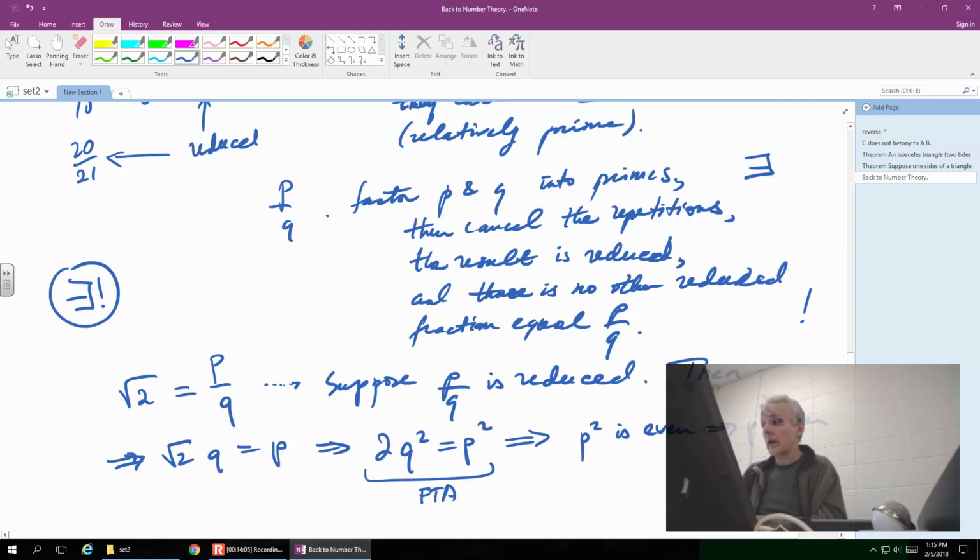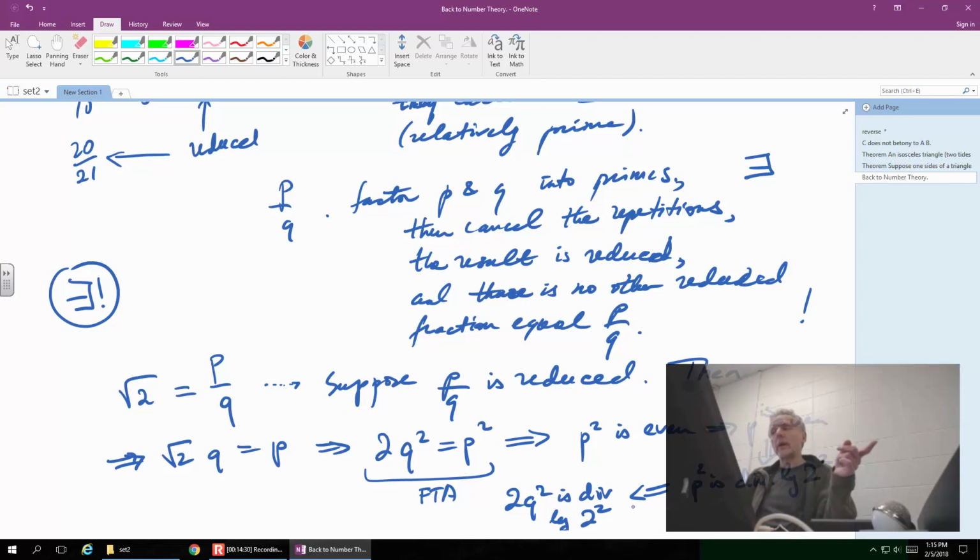And then this is how I could proceed. P squared is divisible by 4, or how about divisible by 2 squared? Then 2q squared is divisible by 2 squared. Once again, factorization: if 2 is present, then on the other side 2 is also present.